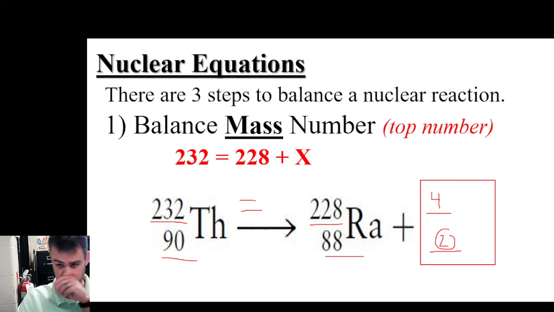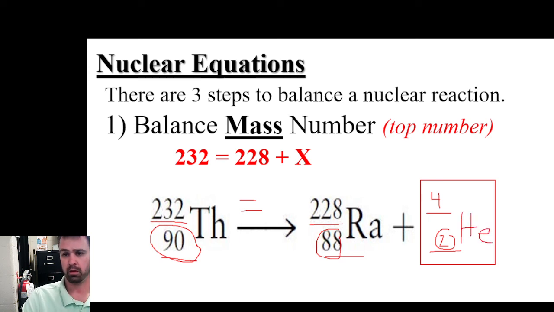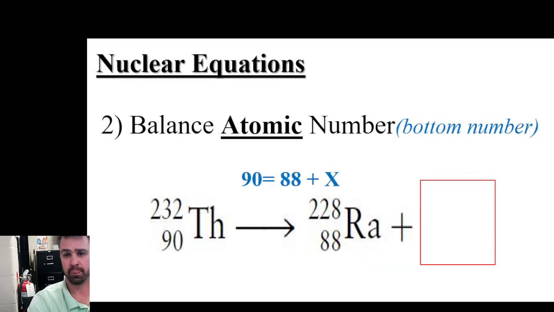Well, because this number is on the bottom, I know that each one of these numbers is a proton number or atomic number, so I know that the proton number 2 is going to be helium. Now that I know this is helium, I remember from my notes that anytime I have helium in my equation, I'm going to have some type of alpha decay.